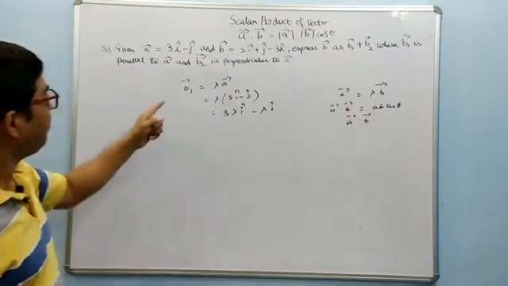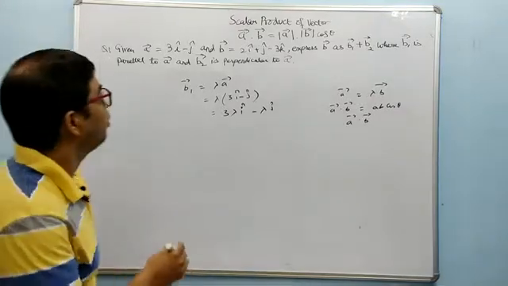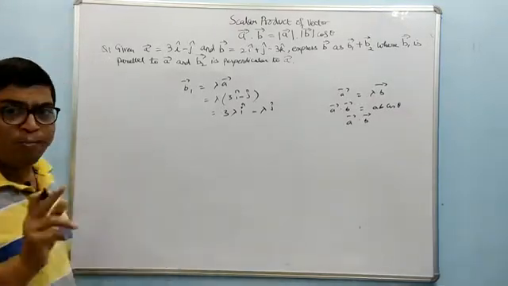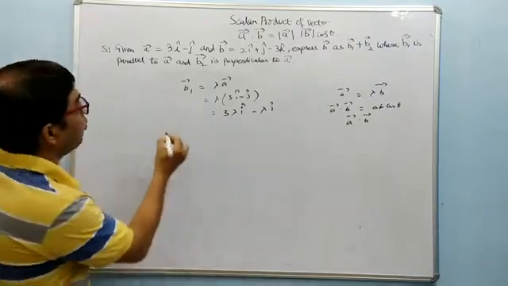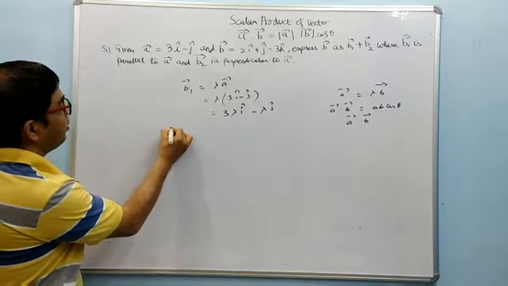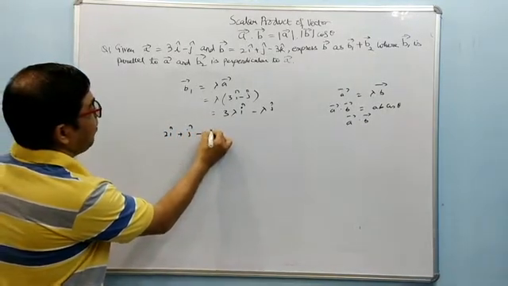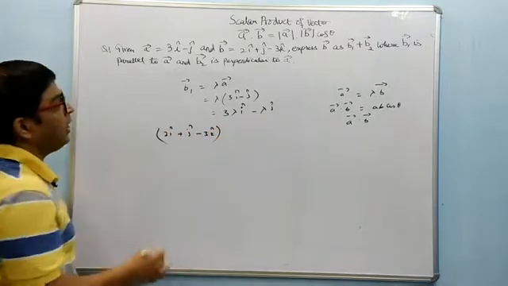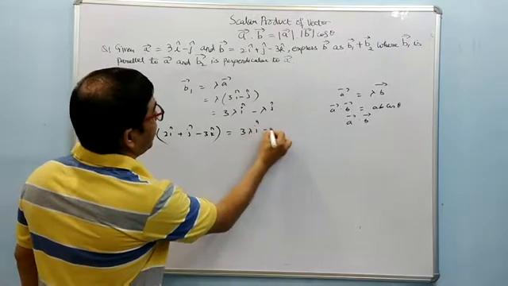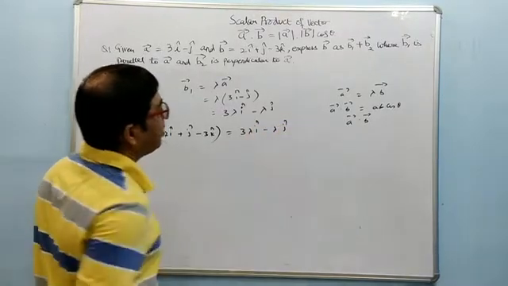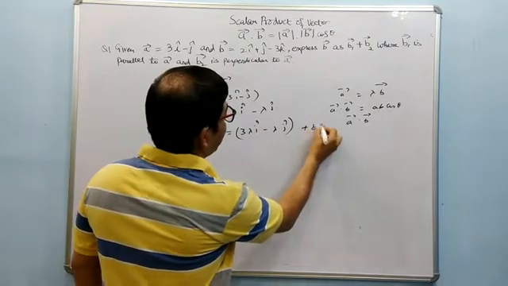Vector B is equal to B1 plus B2. So we got the value of B1, and we can get B2 because B is B1 plus B2. So we write 2i cap plus j cap minus 3k cap, which is vector B, equal to B1, that is 3 lambda i cap minus lambda j cap, plus vector B2.